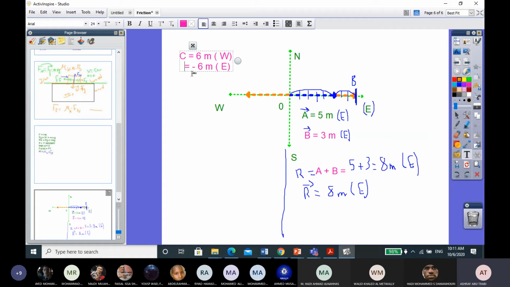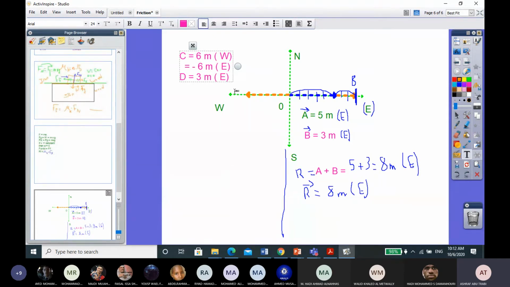Okay. So here, guys, another one, giving another value of vector D, let's say. So vector D is equal to, let's say, 3 meters, but in east. So who can solve this in front of you, guys? Hurry up.